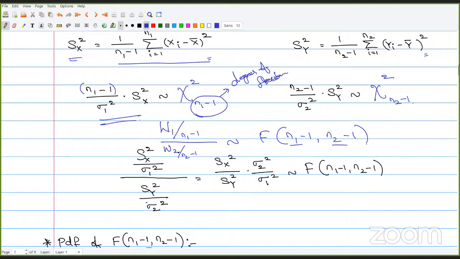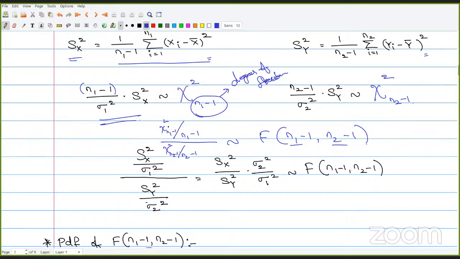Let's say W1 and W2 follow chi-square. There is a random variable that follows chi-square n1 minus 1, and another random variable that follows chi-square n2 minus 1.